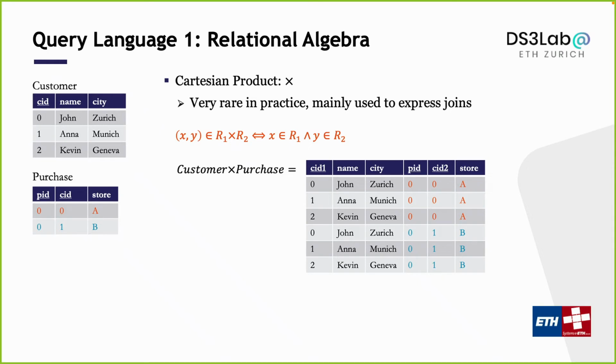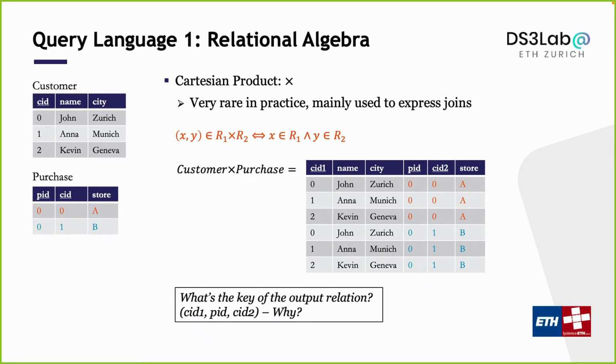So it's very easy for this output to be extremely big. You have an input relation with like 1,000 tuples each, your output will be 1 million tuples. So that's why in practice, it's very rare someone will do this. But from a theoretical perspective, it's going to be very useful. Okay?